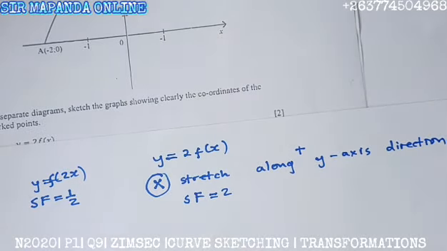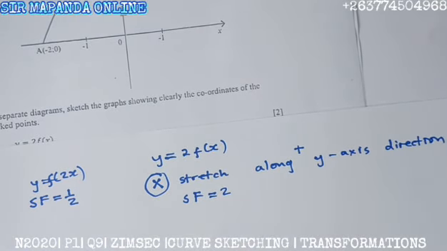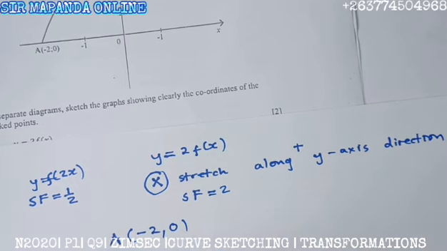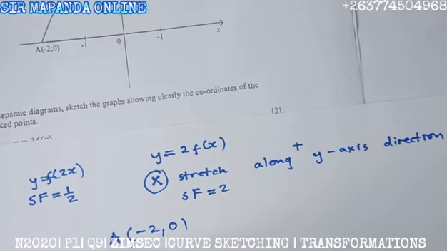So what is the meaning of stretch along y-axis? It means multiply all y coordinates by 2, whilst x coordinates remain the same. So you can clearly notice that the original point A is minus 2, 0. The original point B is minus 1 and 8.